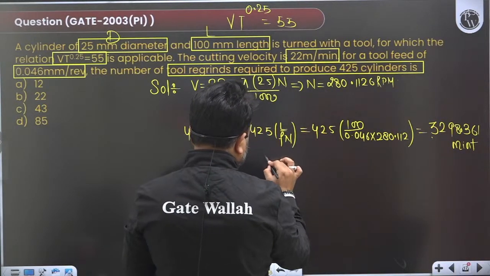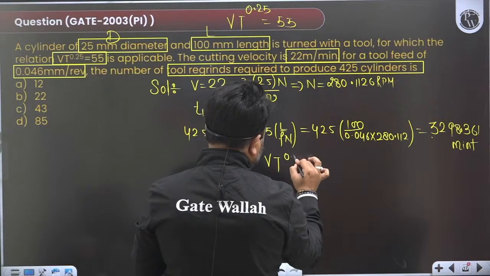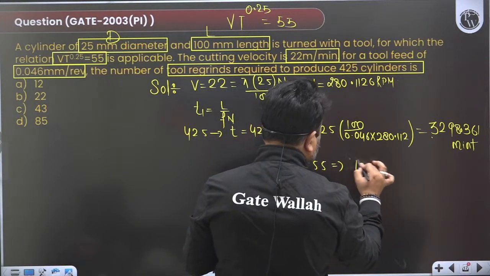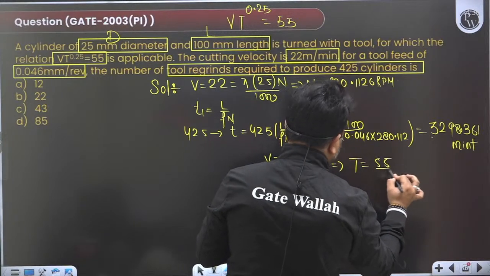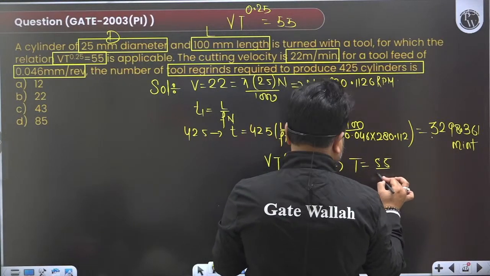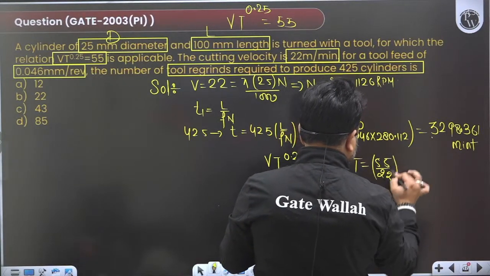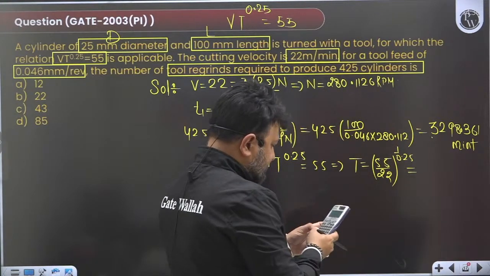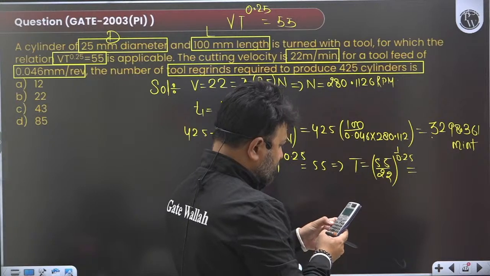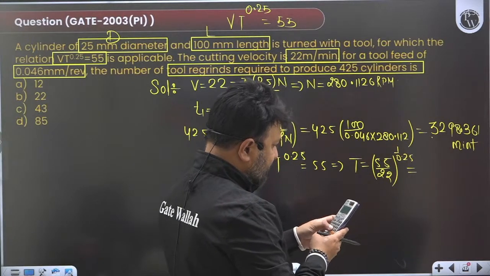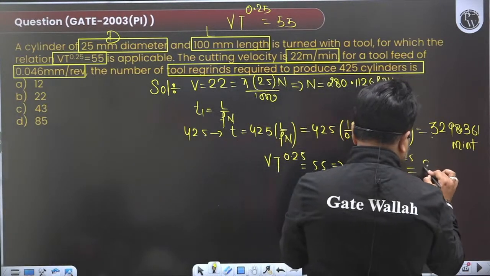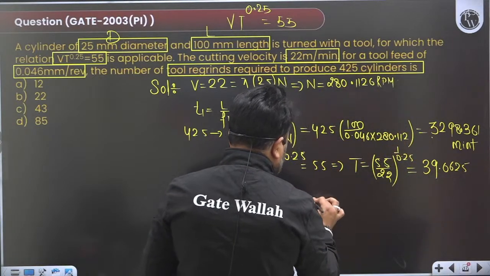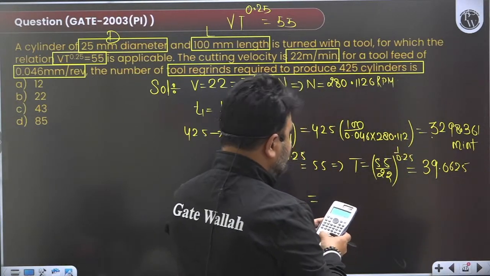And the tool life, Vt to the power 0.25 equal to 55, is 55 divided by 22 to the power 1 divided by 0.25, that is 39.0625.